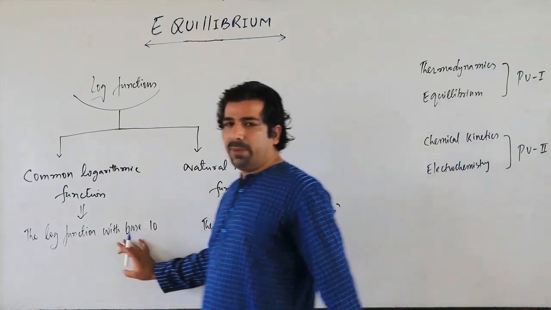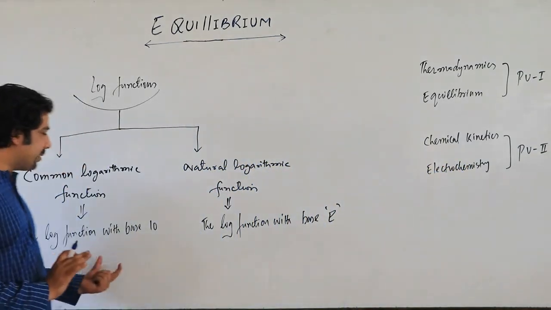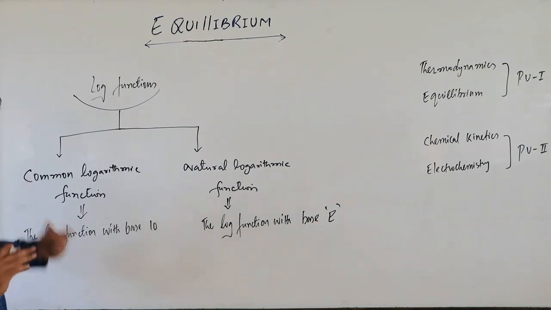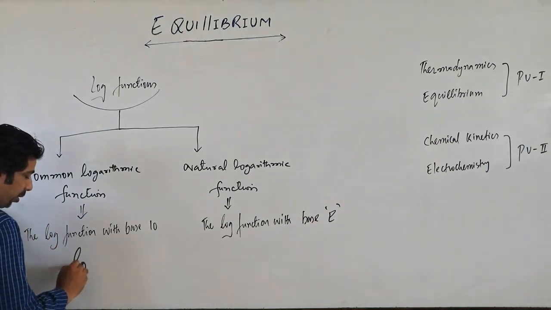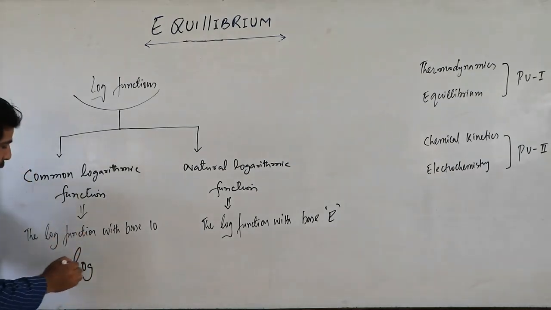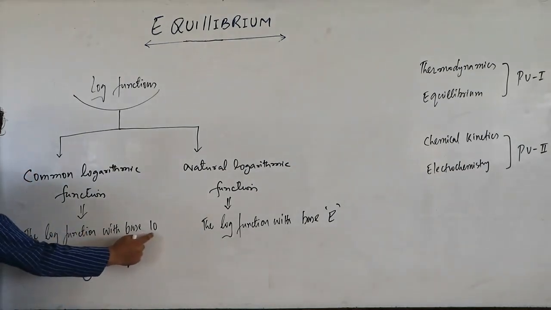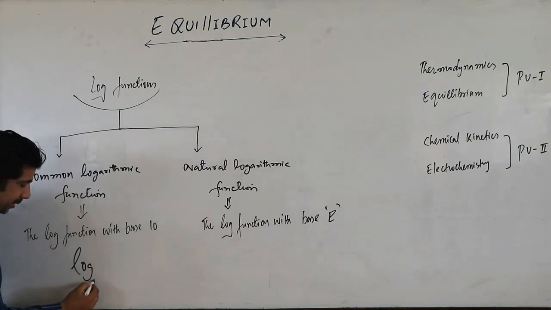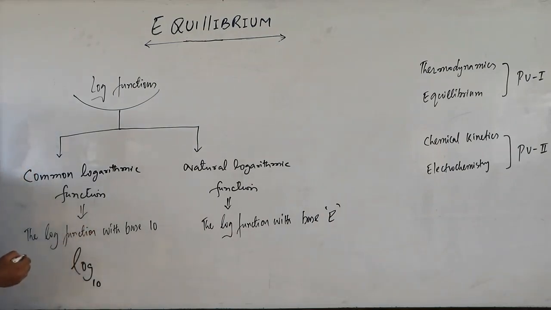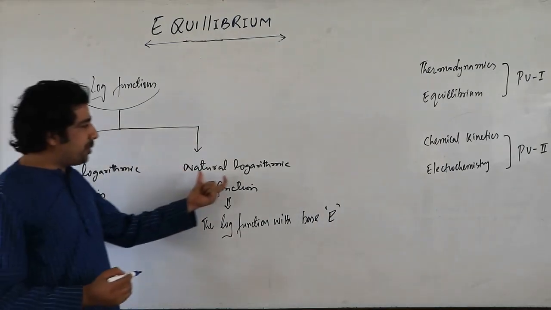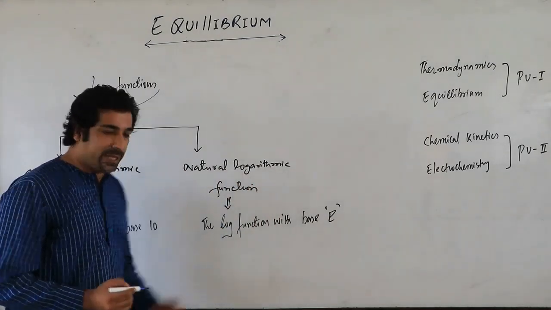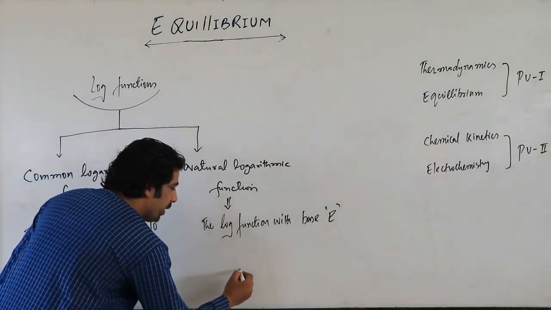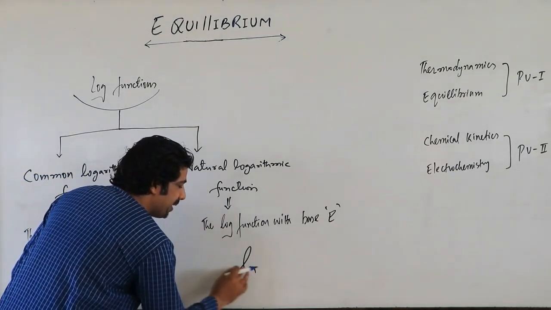Now you will be thinking, my dear friends, what is this all about? Let me show you the expressions here. I will write down here log, and what should be the base of the log? The base of the log should be 10. Now when I talk about the natural logarithmic function, the log function with base e, natural log is represented by ln.